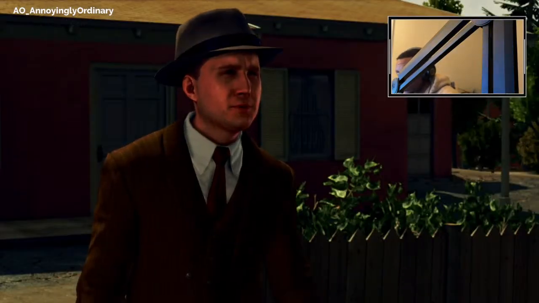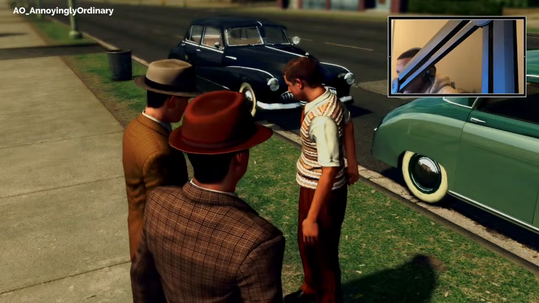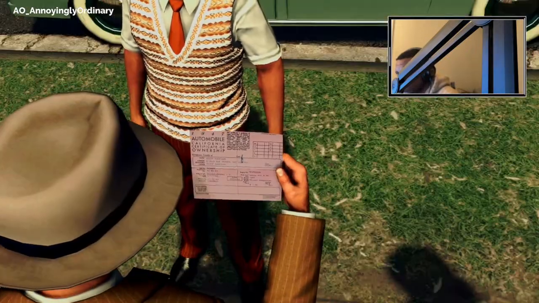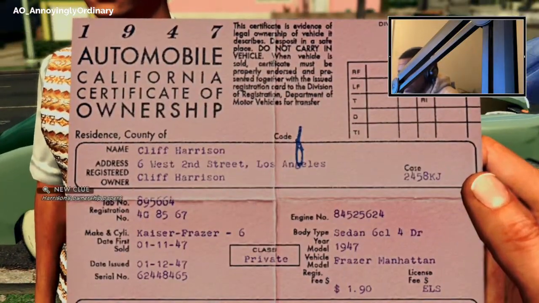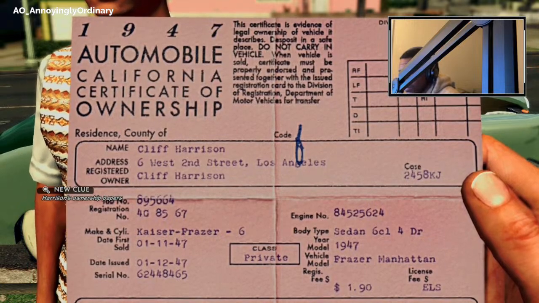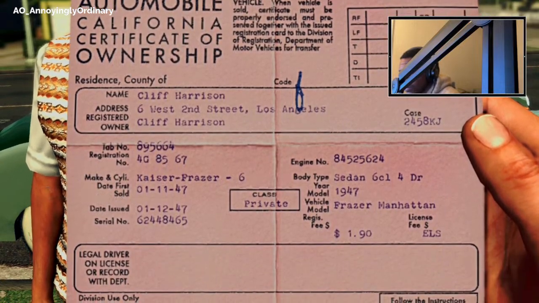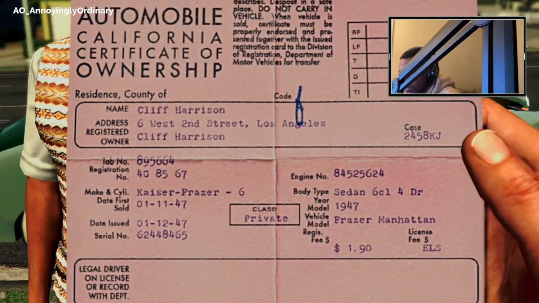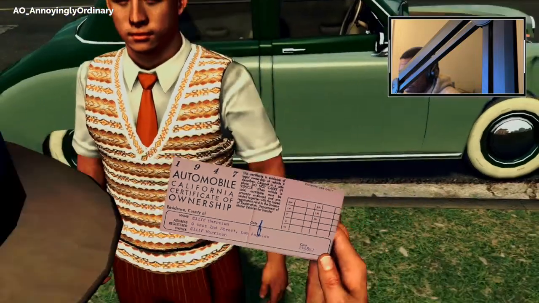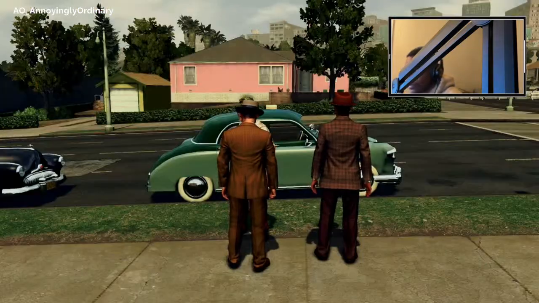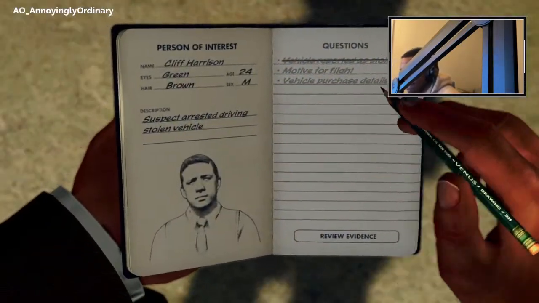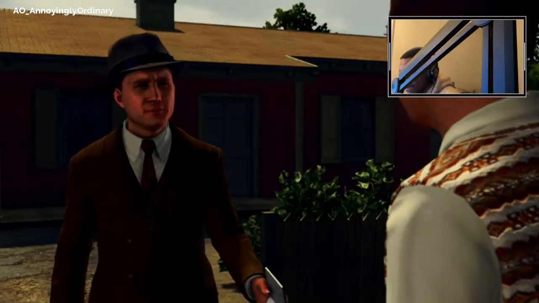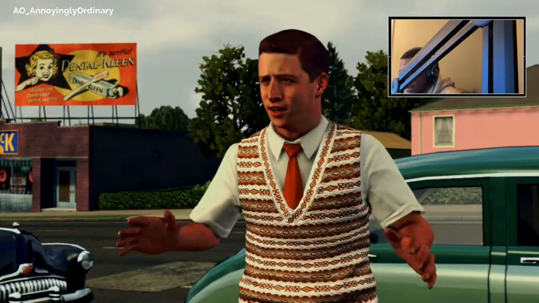And the ownership papers? From the same place. If this is a forgery, it's top-notch. This will need to be traced. Okay. You have a criminal record, Mr. Harrison? No, nothing like that.